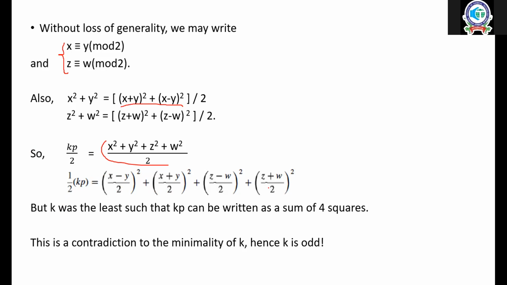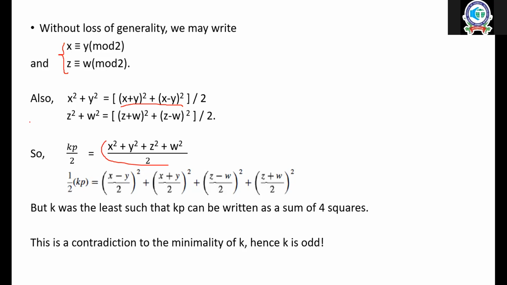Now just wait, give some time to observe and come up. So please note that our goal is to show that k is odd. So we started with k is even.